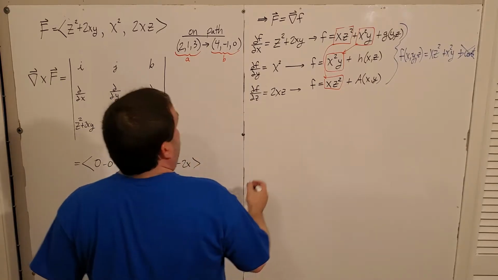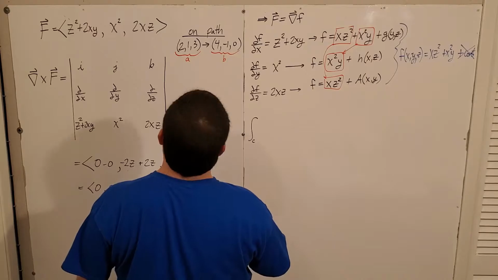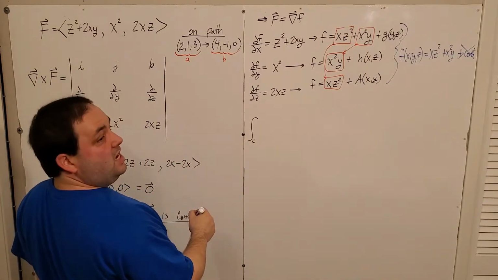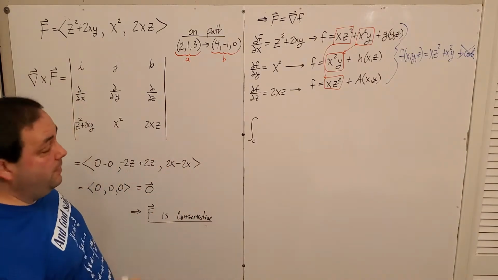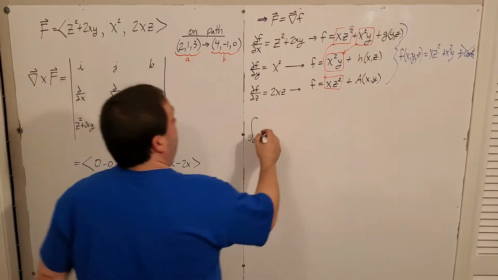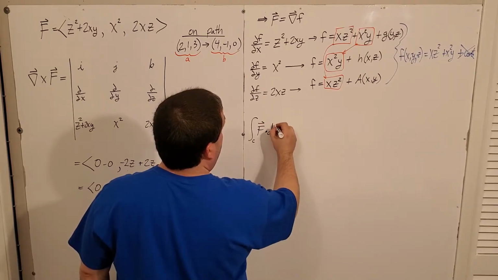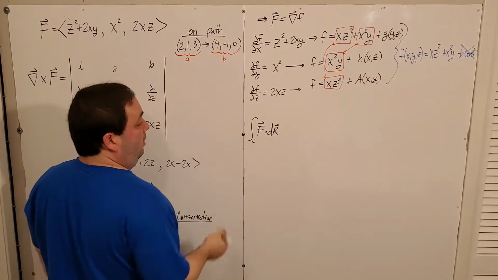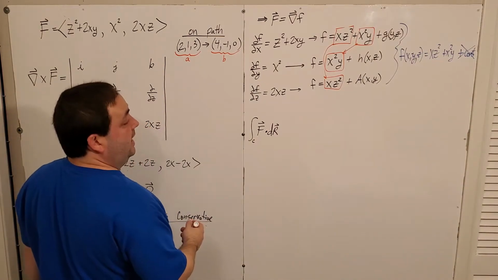Okay? So then my line integral over some path C, I didn't pick a path, don't need to, right? It's conservative, so it's path independent, of f dot dr. Again, r would have to be picked, a parameterization of the curve, the pathway. I don't need it in this case.